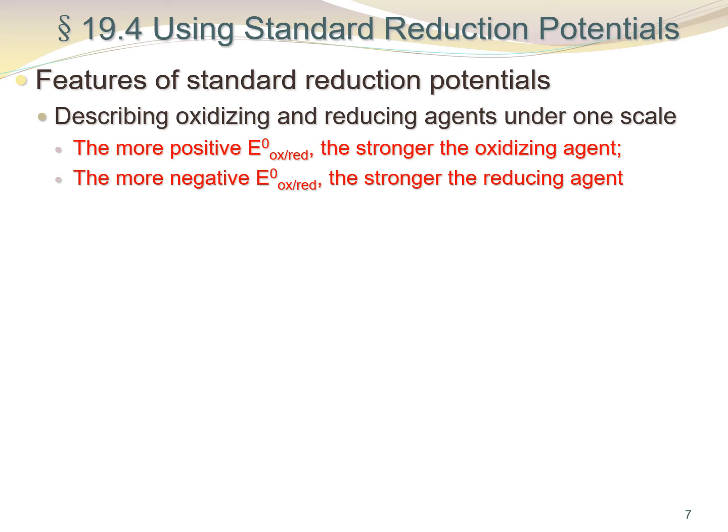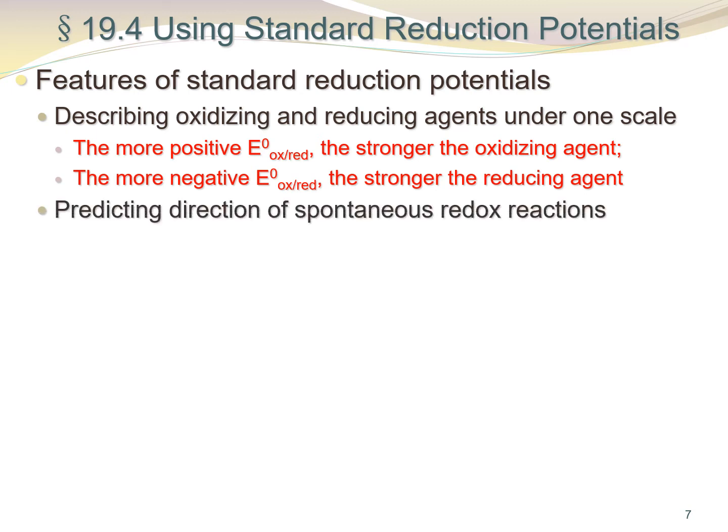Vice versa, the more negative the standard reduction potential is, the stronger the reducing agent. But we can also use a standard reduction potential to predict the product of a single displacement reaction, along with any other redox reactions.